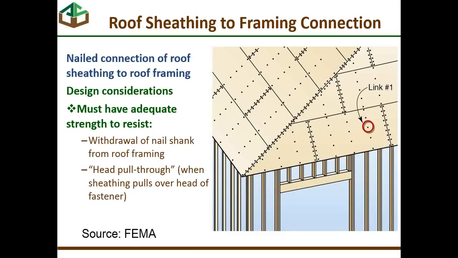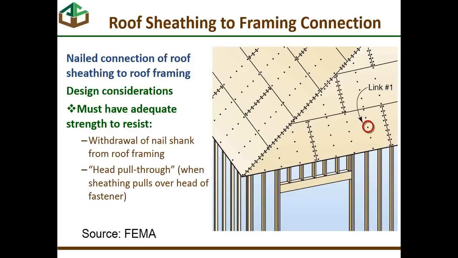There needs to be enough head of the nail pushed against the surface of the roof sheathing to hold that sheathing down in place. And the nail needs to be long enough and have a diameter such that the withdrawal capacity will resist the pullout.